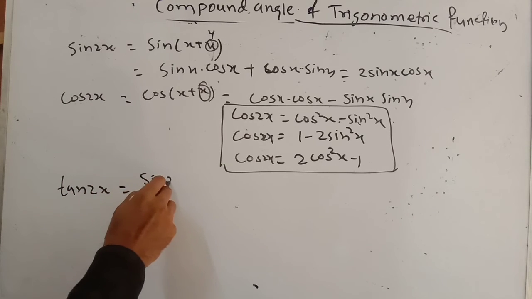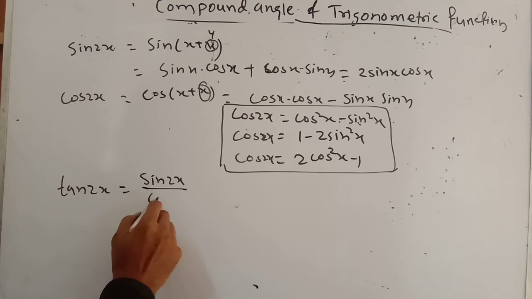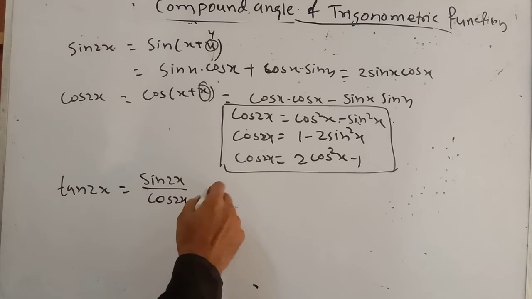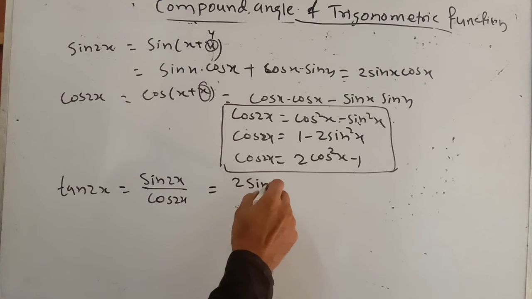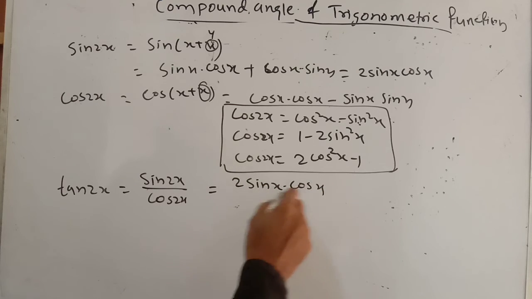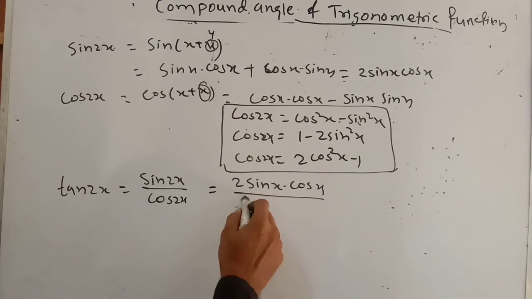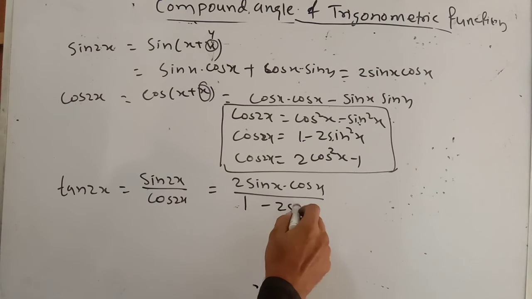Similarly you can also find tan 2x. Tan 2x is sin 2x by cos 2x. Sin 2x is 2 sin x cos x, and for cos 2x let's use 1 minus 2 sin square x.